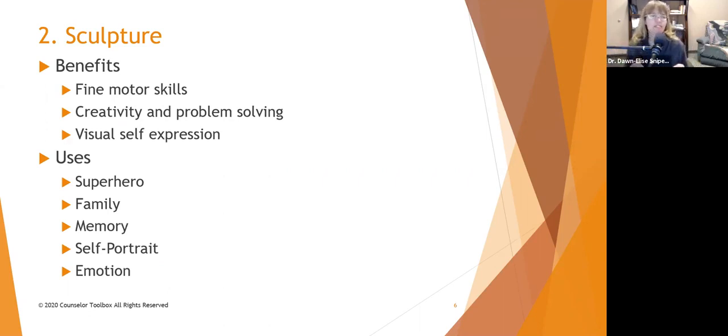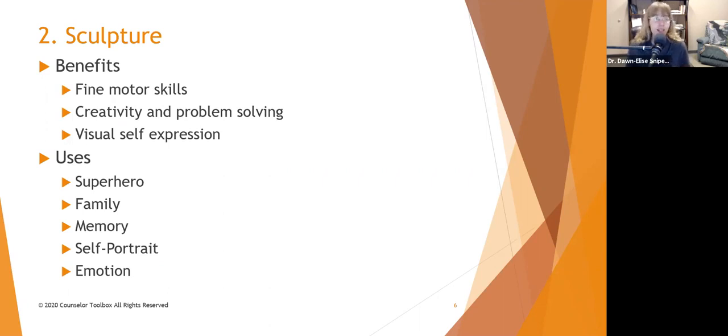There are a lot of different ways that you can use it, and that also encourages verbal communication and compromise, because when you put 3 artists together, nobody's going to be able to have their way all of the time. You can have them do a sculpture of a superhero, again, their family.